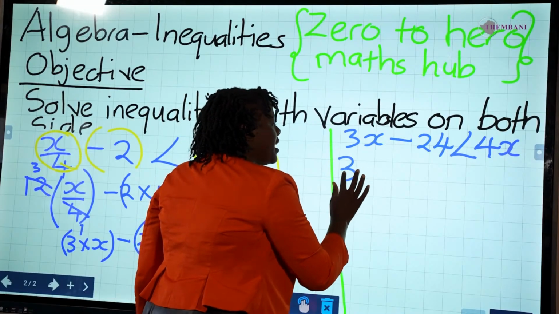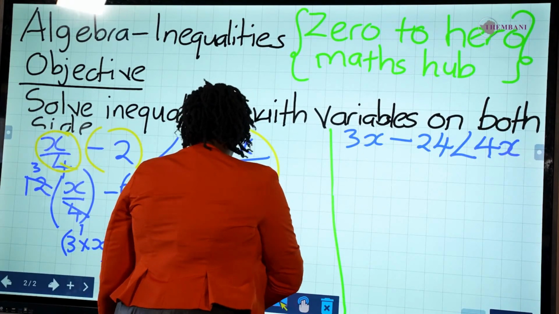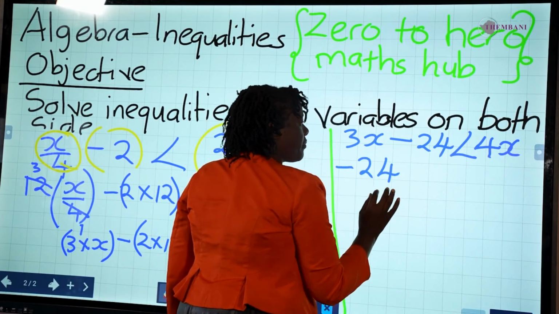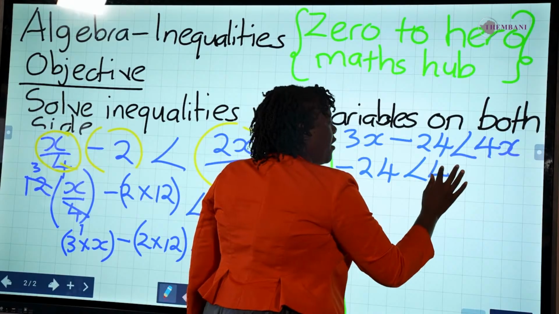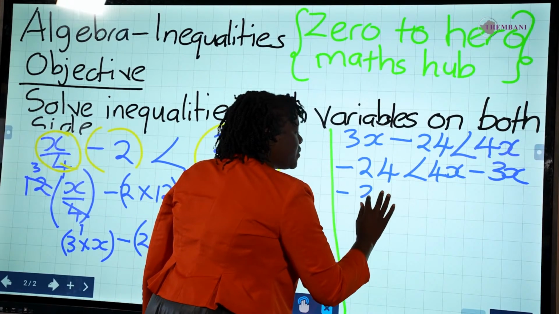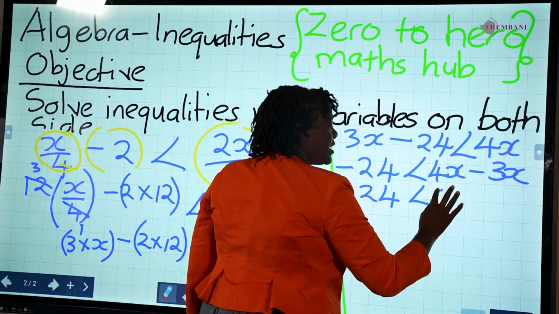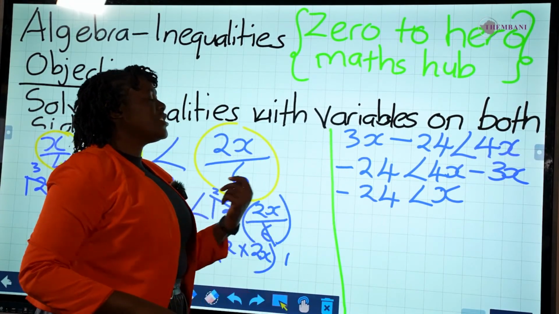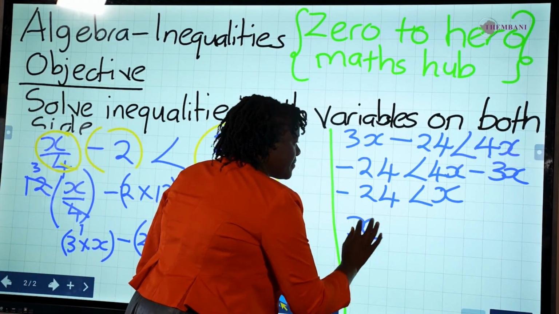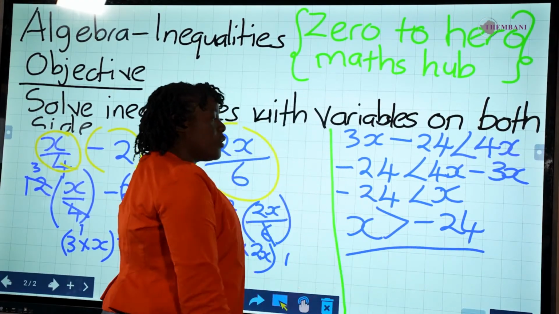So I'm left on this side with negative 24 is less than 4x minus 3x, which gives me an x. But to make it neater for our presentation, we say x is greater than negative 24. This will be our solution.